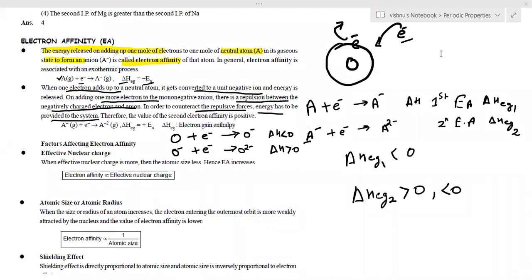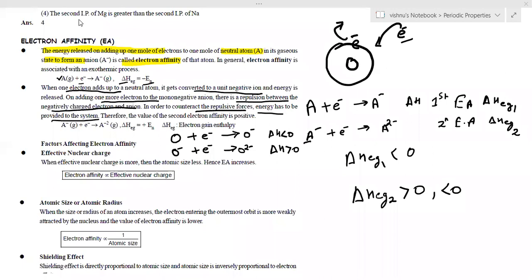So I can also say that electron affinity is directly proportional to effective nuclear charge.